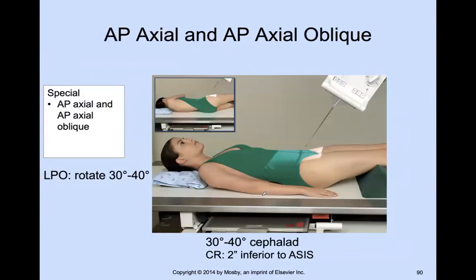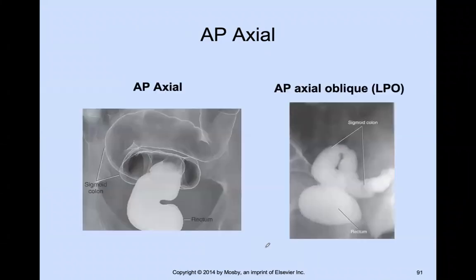Then we have our butterfly views, which we call. The axial views, AP axial, PA axial, and the axial obliques, are to demonstrate the sigmoid colon. For the AP axial, we're going to angle 30 to 40 degrees cephalic.